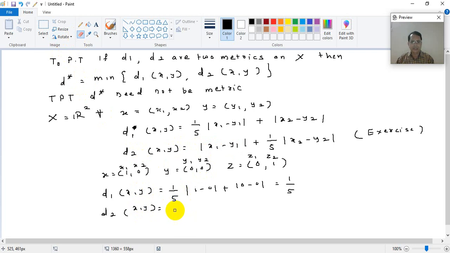Okay, so what will that be? See, mod of x1 minus y1, that is mod of 1 minus 0. So it is equal to mod of 1 minus 0 plus 1/5 into mod of x2 minus y2. x2 and y2 are 0, so this is 0 minus 0, so this is equal to 1.